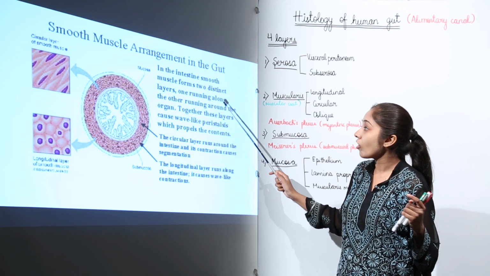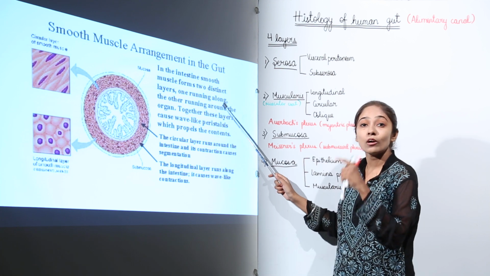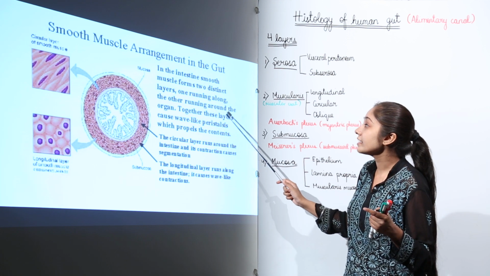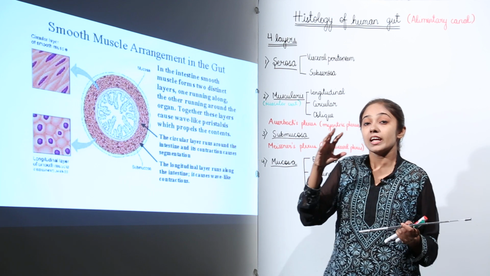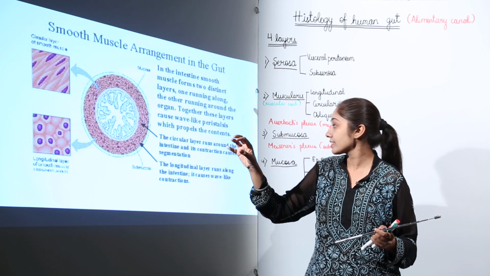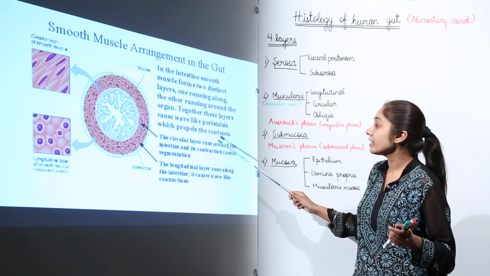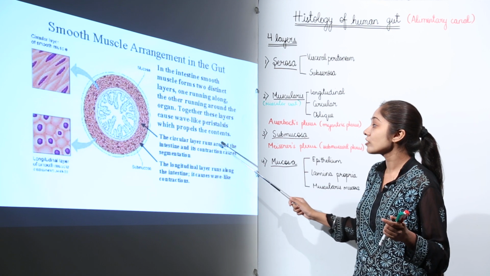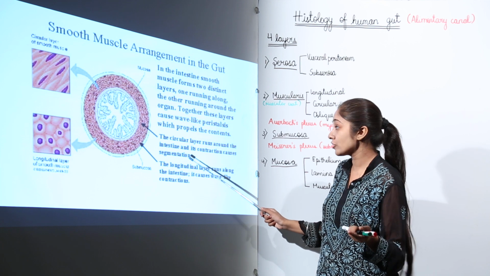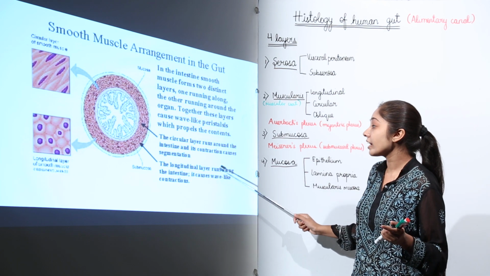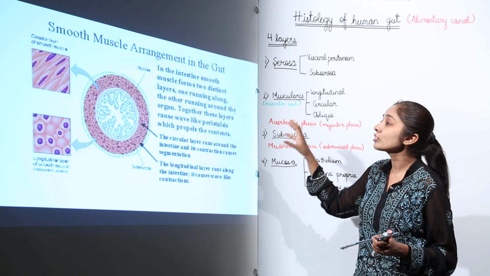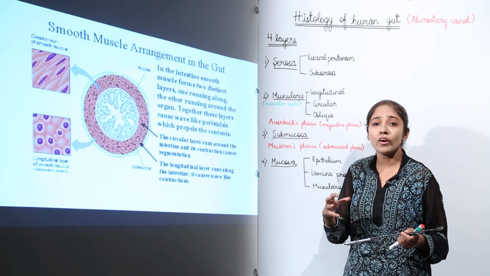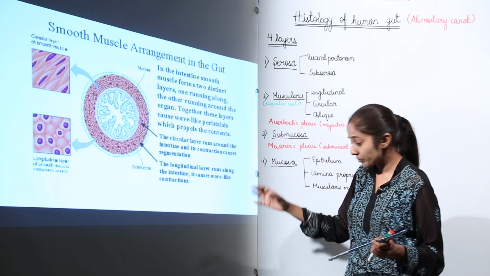Together these layers cause wave-like peristalsis which propels the contents, means it pushes the contents onward. The circular layer causes segmentation, and the longitudinal layer causes wave-like contraction. So this was about the smooth muscle arrangement. You need not go into detail, this is just for your knowledge, right.